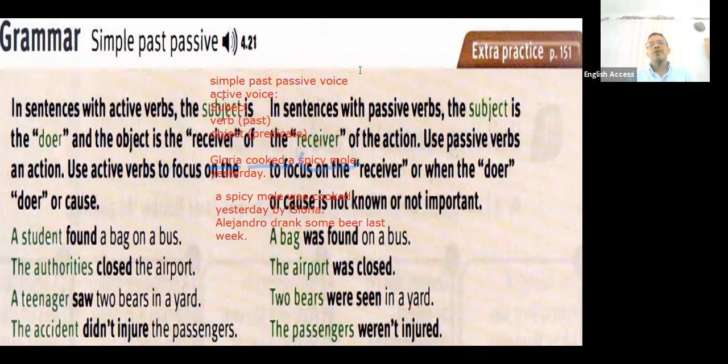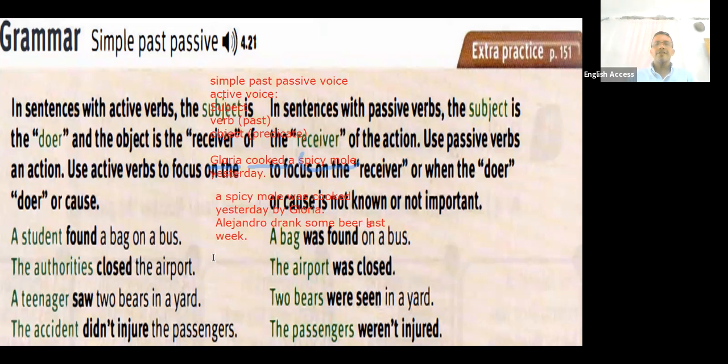Maybe Alejandro did or Gloria cooked mole, but this is just an example. By the way, I love mole. It's one of my favorites. So in this sentence, let me see, I missed an S here. We say beers. Beers is plural. Yes?